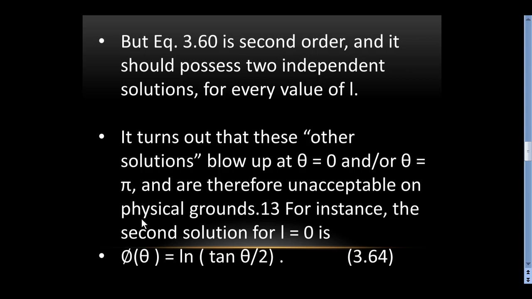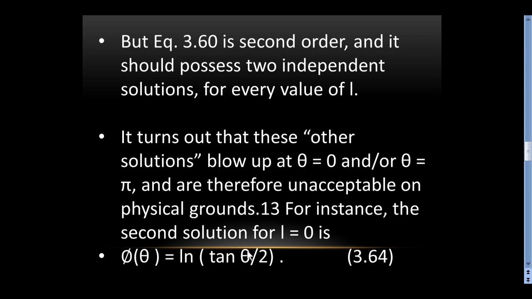We are not going to accept that second solution. The reason is this: one of the second solutions you can obtain for L equal to 0 is capital Theta as a function of theta equal to log of tan theta by 2. But in this equation, if you substitute theta equal to 0 or theta equal to pi, then what happens?